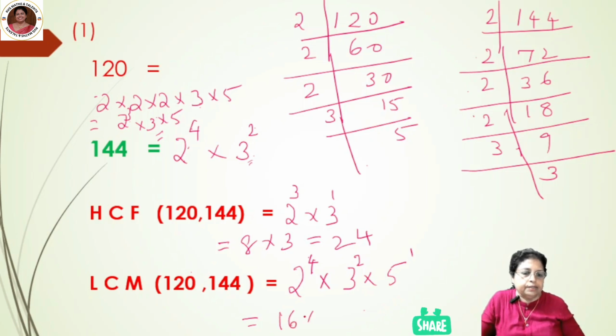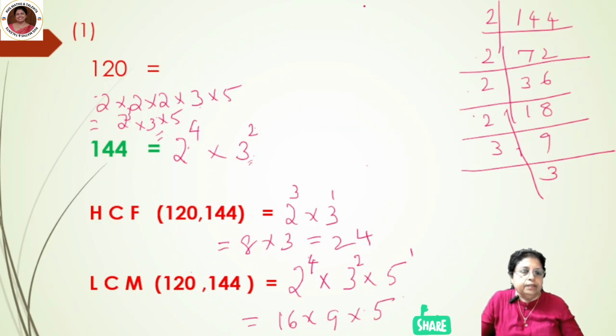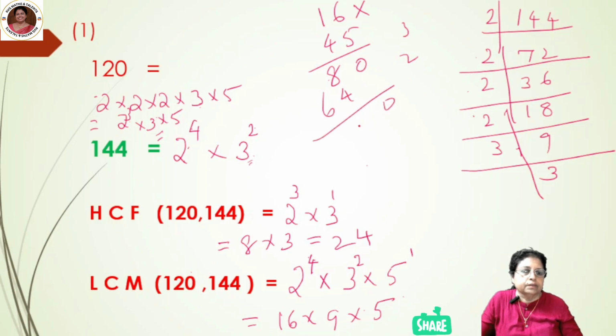That is 16, 9, 5. 16 times 9 times 5 is 45, so 45, 80. So that is 720. All of you got it? Okay. So LCM is 720 and HCF is 24.